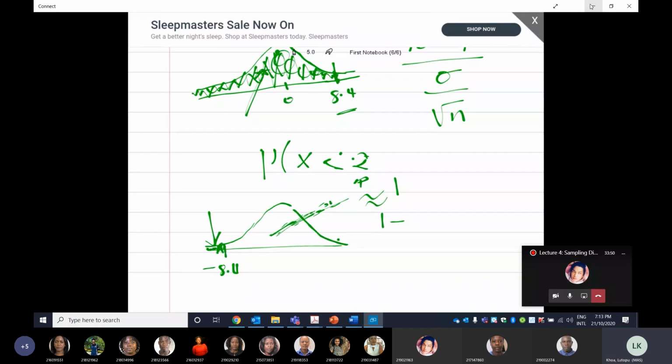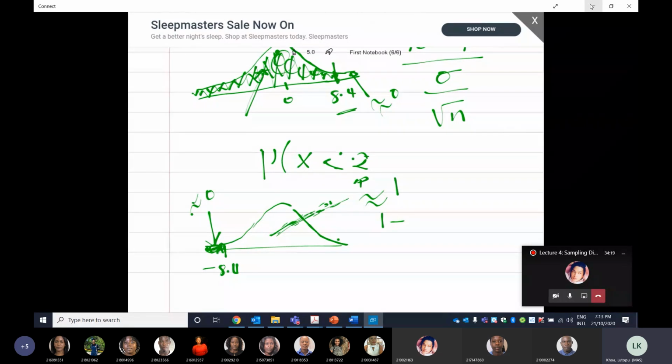And this area, which I'm getting from my table, doesn't appear on the table, which means it is approximately equal to 0. So if this is approximately equal to 0, then this small area over here is approximately equal to 0 because of the symmetry of the normal curve.